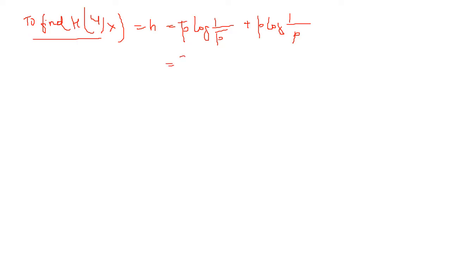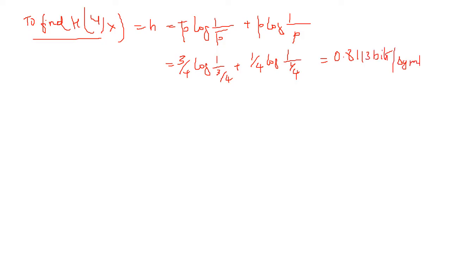So p bar is nothing but 3 by 4 into log 1 by 3 by 4 plus p is nothing but 1 by 4, so 1 by 4 into log 1 by 1 by 4. So after substitution, we are going to get h of y by x, which will be equal to 0.8113 bits per symbol. So we'll get what is h of y by x.